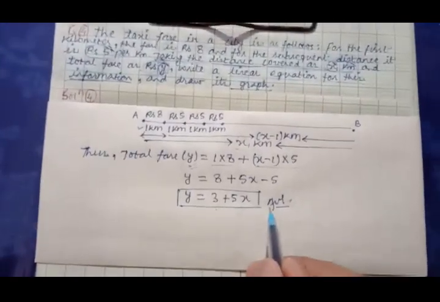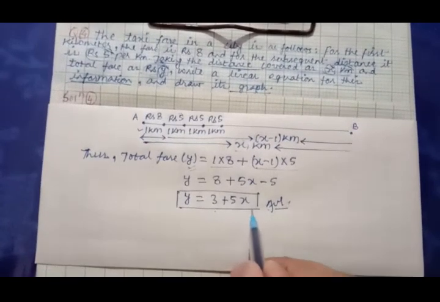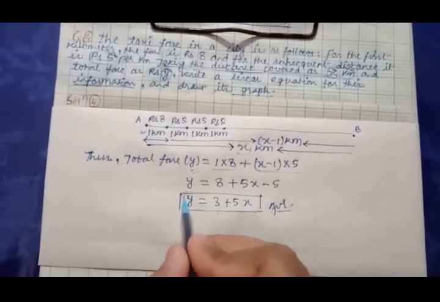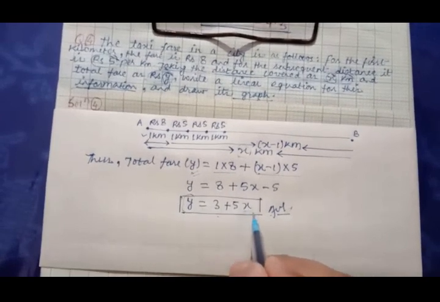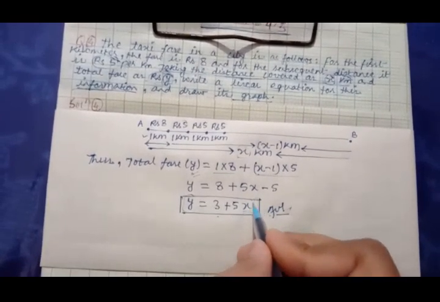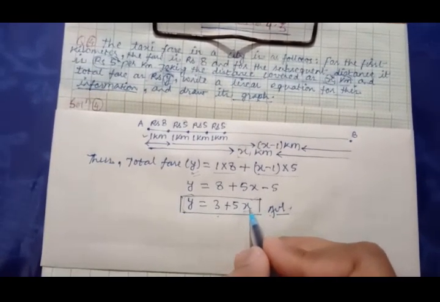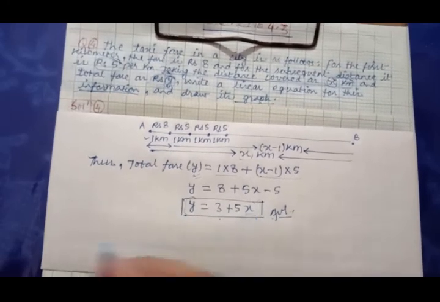Thereafter we have to draw its graph also. So in order to draw its graph, we must calculate y for different values of x, and remember that this time you may use any value of x as per your choice.